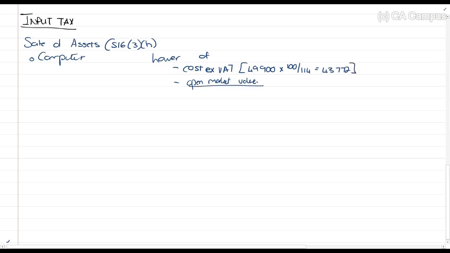Or the open market value is the amount including VAT. Remember, we're not going to do that. So we're going to say the market value ex VAT. And that is our 15,000 selling price times 100 over 115. So this is a little bit of a trick to be on the lookout for. Something that has now happened because of the VAT rate.